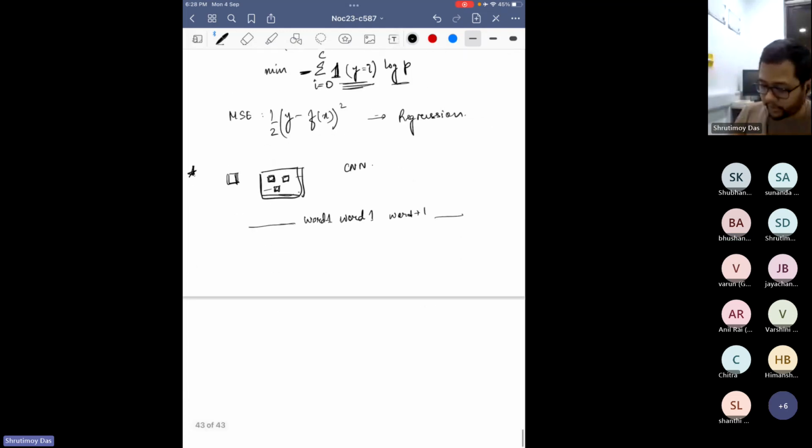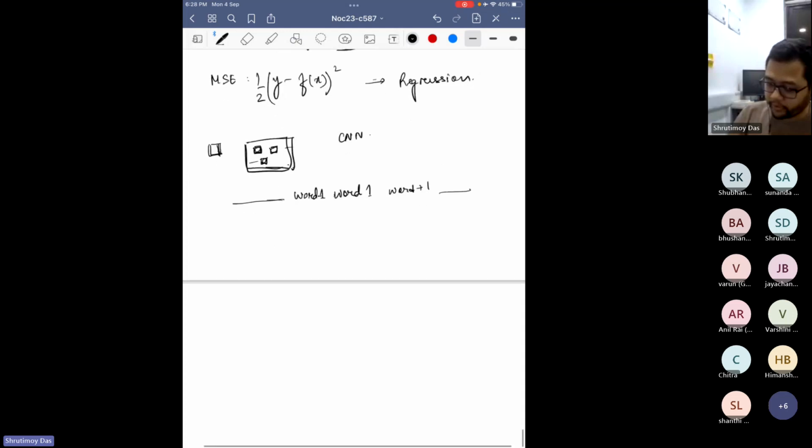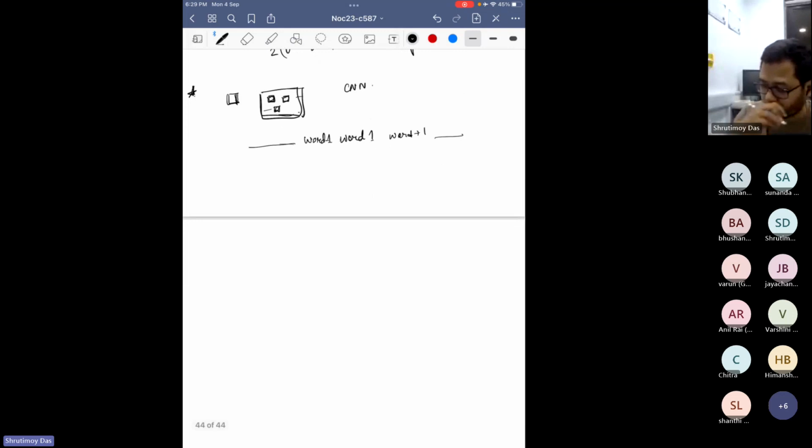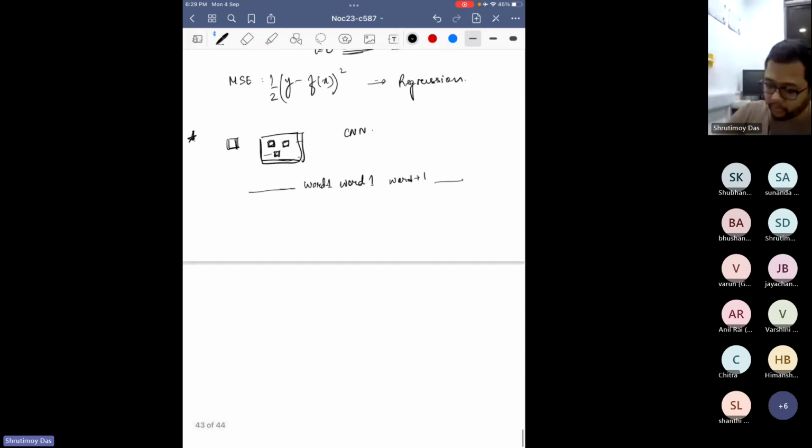But if you look at it in the form of the original neural network design, suppose it is an m by n image, and you have a kernel or filter of size, say, 3 by 3. So you're moving this 3 by 3 kernel over all of these patches.